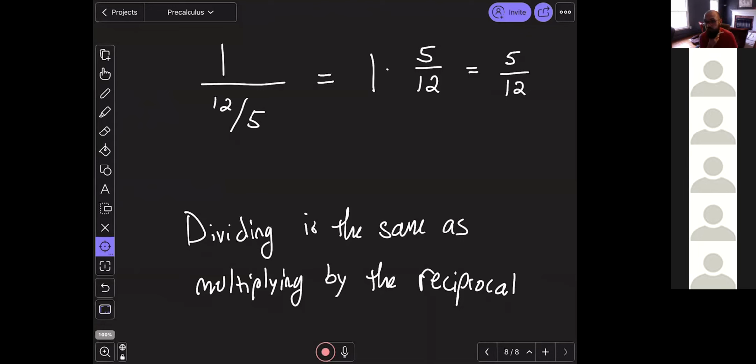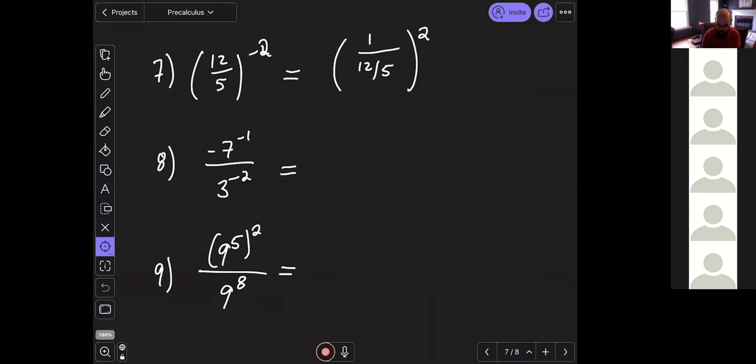Okay, so anytime you have a negative exponent, would it just always be the reciprocal rather than just putting it over 1? Correct. Yeah. So that's the way you want to think about it. The negative in the exponent is like the reciprocal. So if you wanted to shortcut this, you wouldn't have to do this step right here.